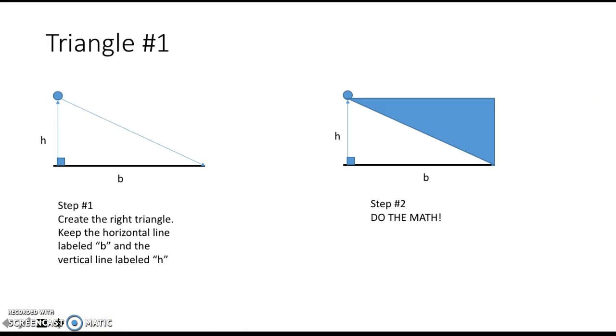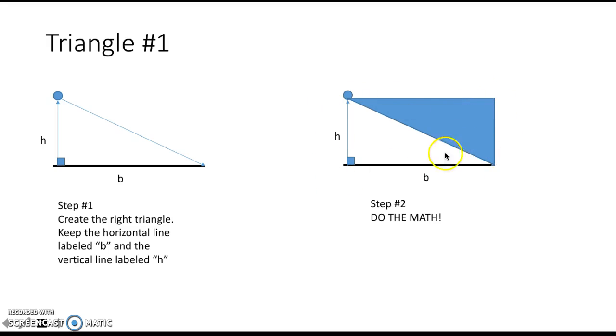So for triangle number 1, I'll explain to you why 1/2 base times height works. Step 1, you create the right triangle. So we have it created here. You keep the horizontal line labeled B and the vertical line labeled H. Because we already know the area of a rectangle, we'll create a rectangle by simply flipping or reflecting this triangle over itself.